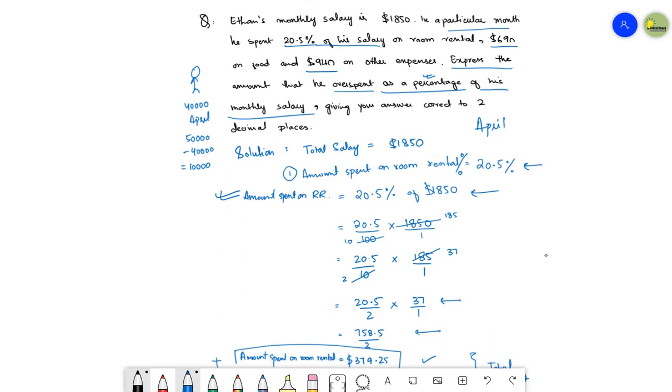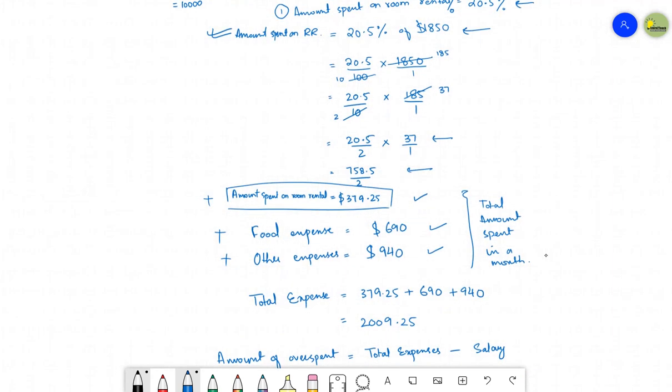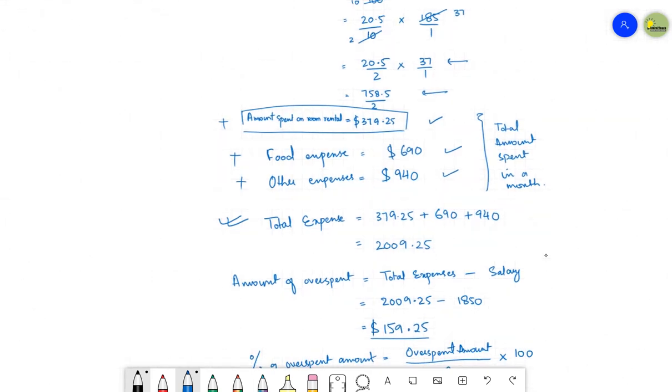Then food expense, and we know the other expenses as well. These are the 3 major expenses. We need to calculate the total expense by adding all these 3 values. Then the total expense has been calculated, and this was your step number 2.